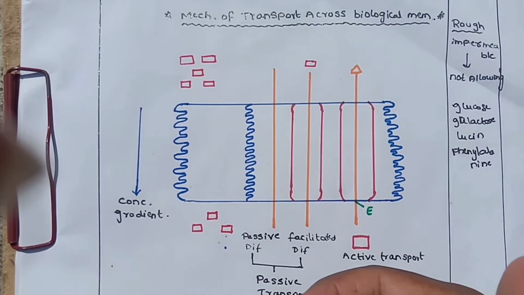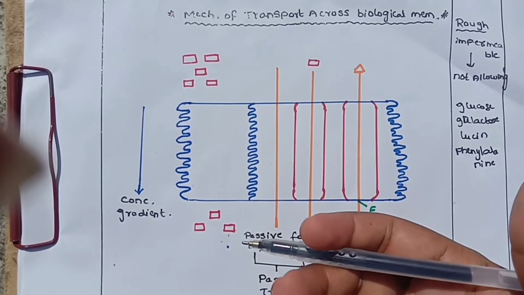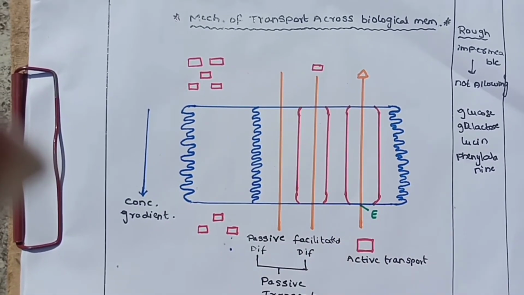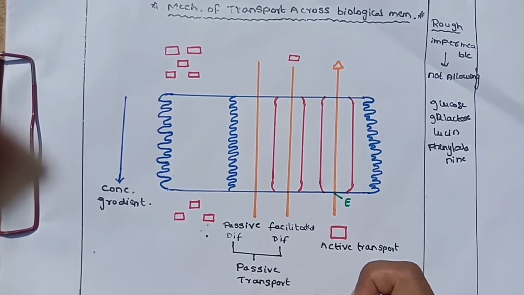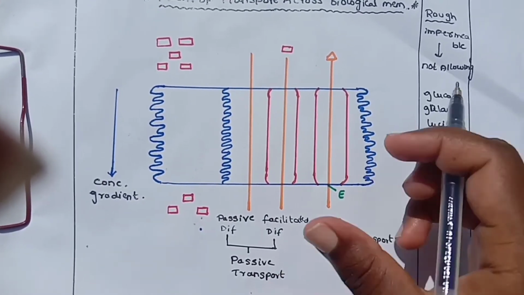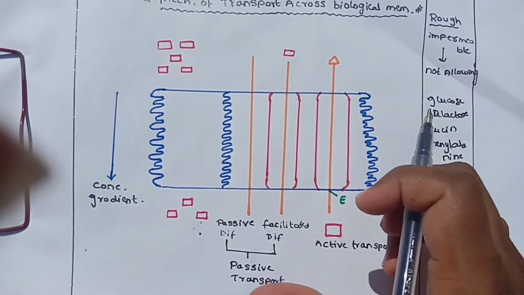In passive diffusion, the process does not require energy, whereas in active transport, energy utilization takes place. Active transport is also carrier mediated. The most important primary active transport systems are ion pumps, and the best example is the Na plus and K plus pump.